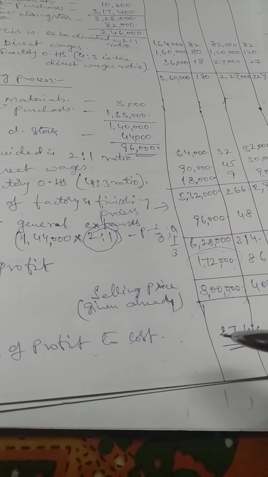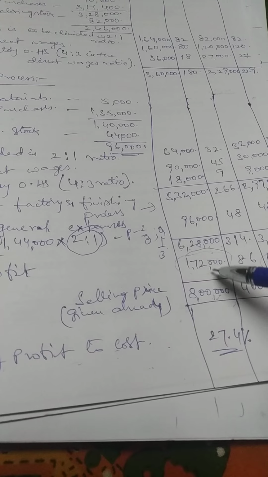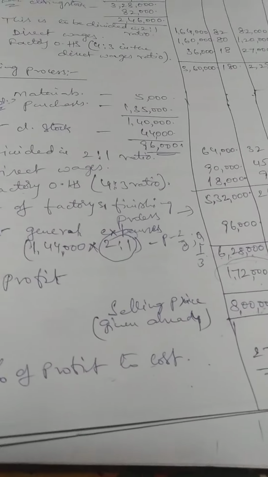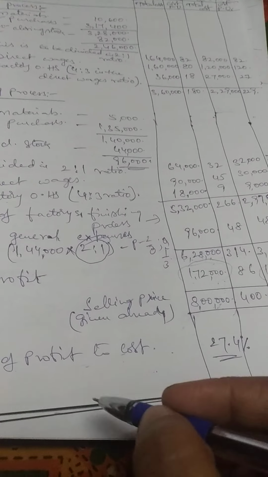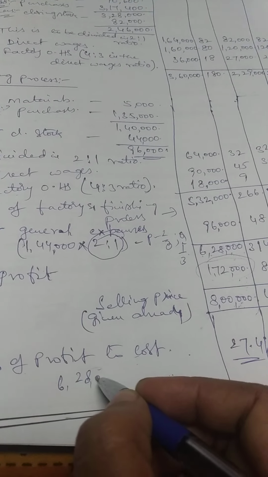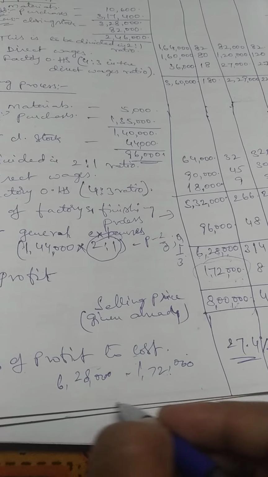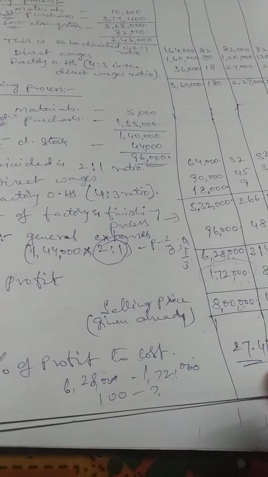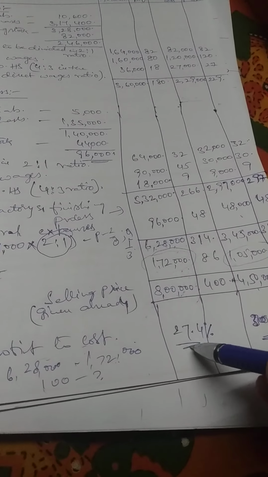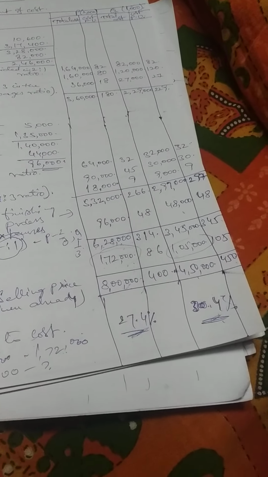So profit to cost ratio is nothing but when cost is 6,28,000, profit you obtained 1,72,000. When cost is 100, how much you will be getting the profit? So in such case you will be getting the percentage of profit to cost, that is 27.4% and 30.4%. Thank you.